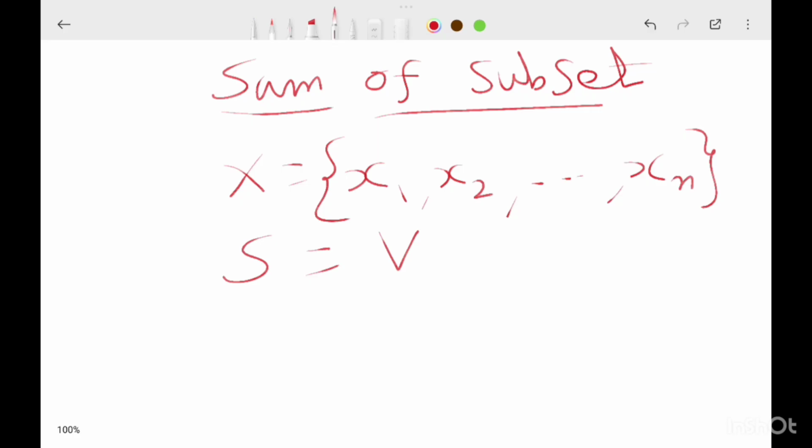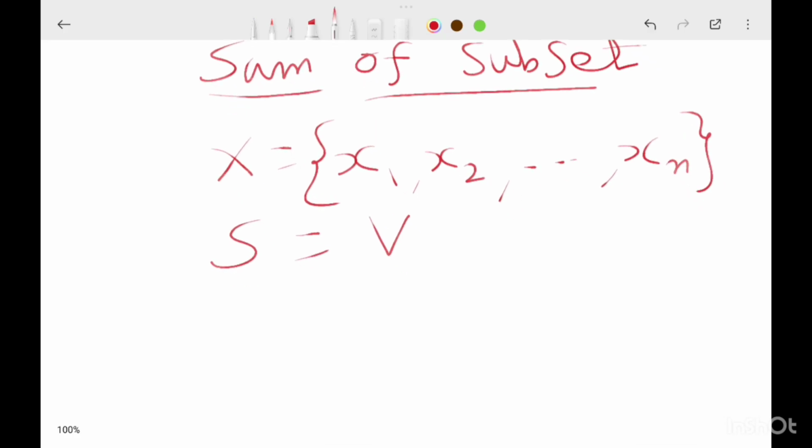So from this set x, we need to find all the subsets whose sum is equal to the given sum v. Actually the result will be a set. The size of that set is also n.